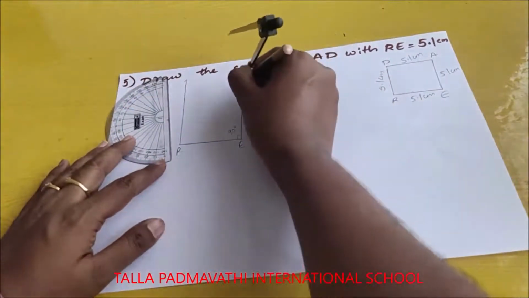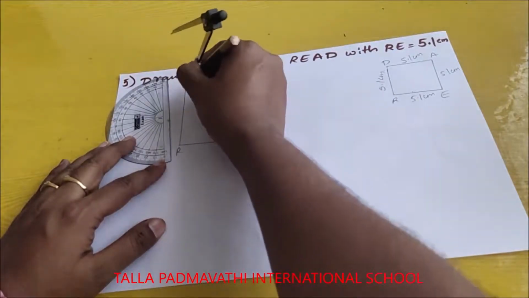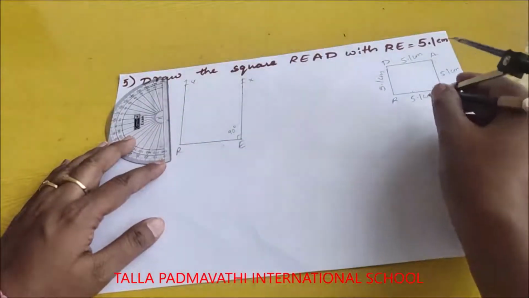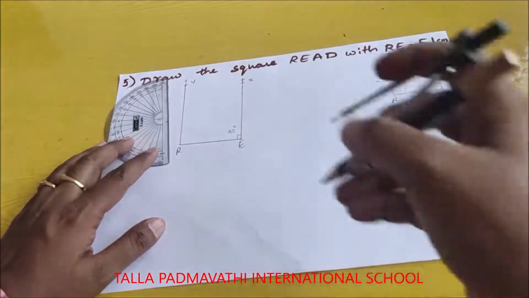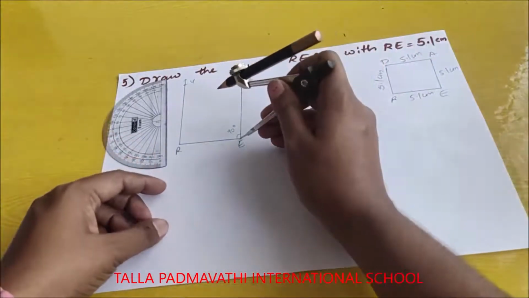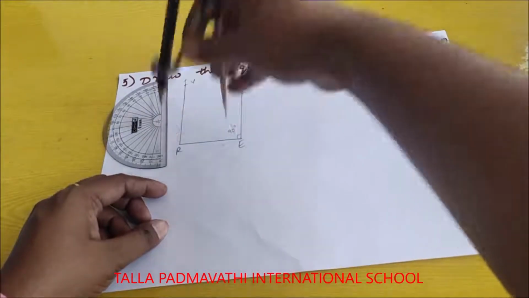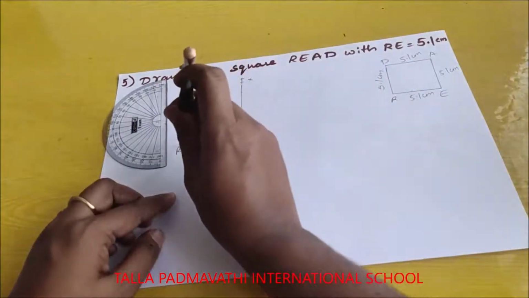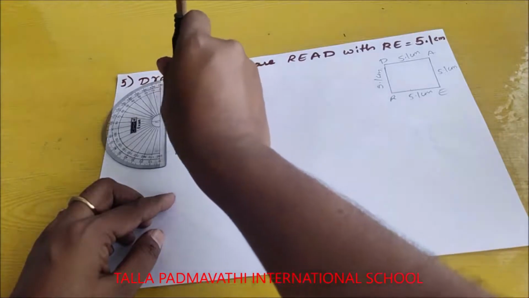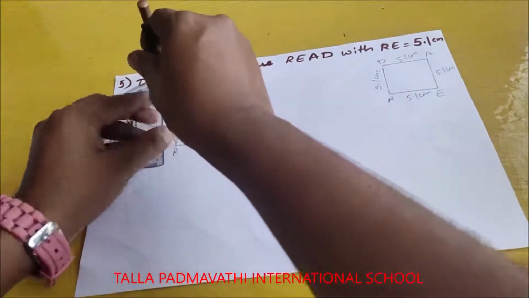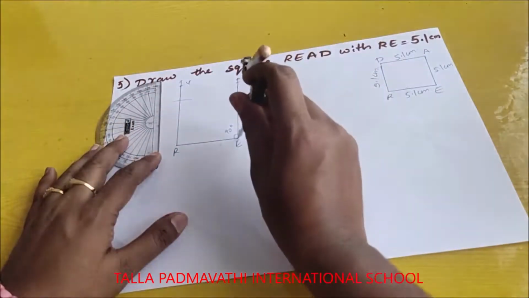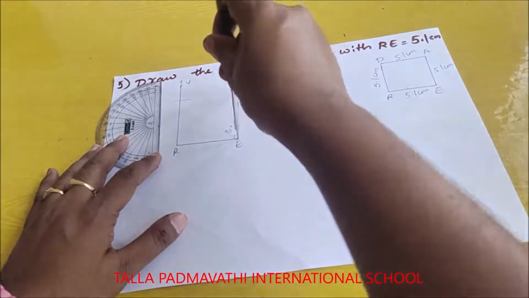Let this be EX and this be RY. So already we know that RD is 5.1 centimeters. So with E as center and R as center, take the radius of 5.1 centimeters and draw an arc on the line RY and on EX.